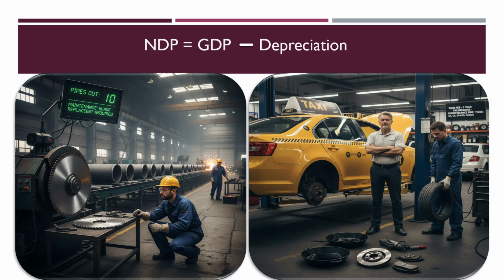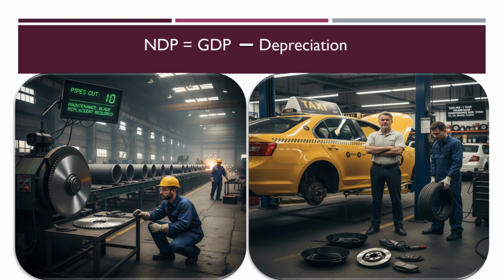Next, in the picture you see this taxi. After giving service for, let's say, 5,000 kilometers, it needs replacing of its tires, brake pads and oil. So that is depreciation. Machines after working for a long time need replacement.